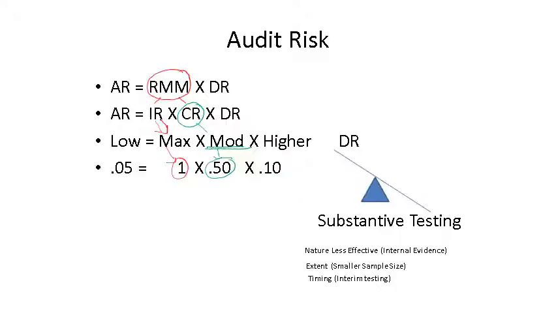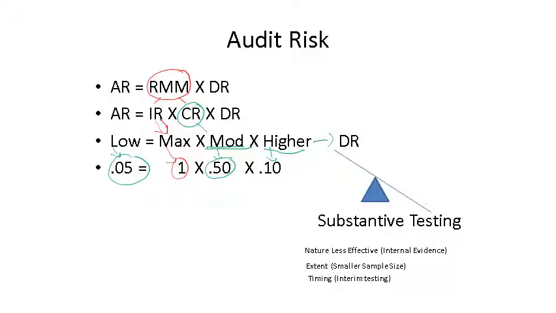Well, again, firm policy is to keep our audit risk low. We don't want a high audit risk, and so we would keep that at 0.05. But now, because we believe that we have more solid controls, we can go ahead and set our detection risk a little higher. We're going to put it at 0.10.